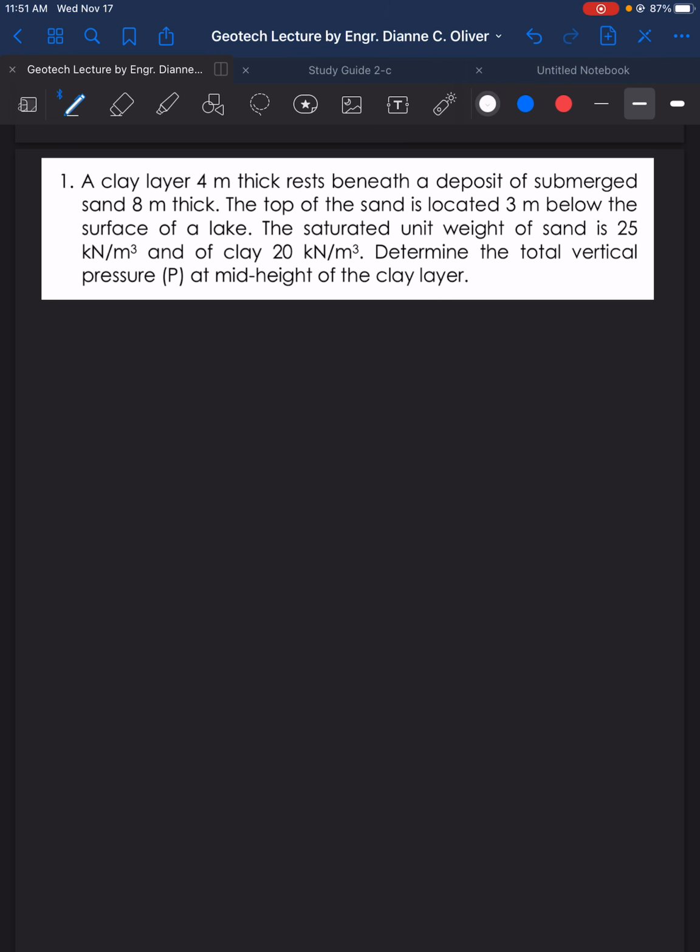So there's a clay layer that is 4 meters thick, and it is beneath a deposit of submerged sand 8 meters thick. The top of the sand is located 3 meters below the surface of a lake. So we have there clay, sand, and then lake.